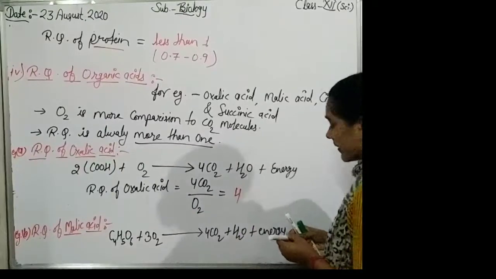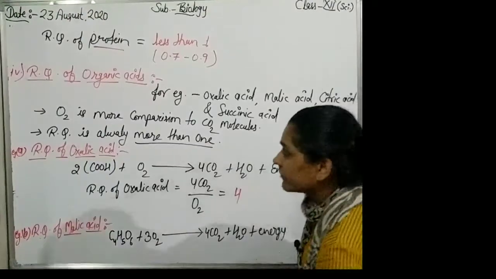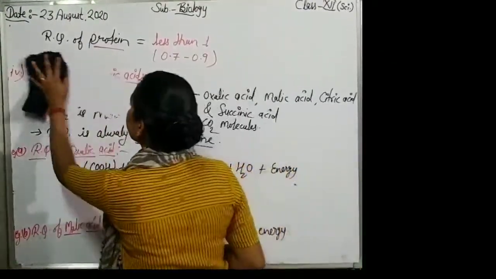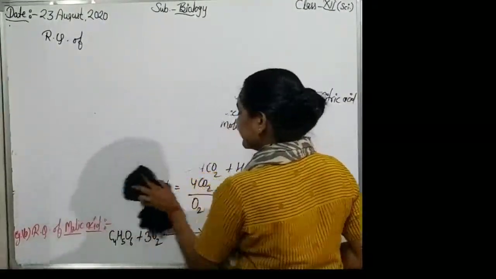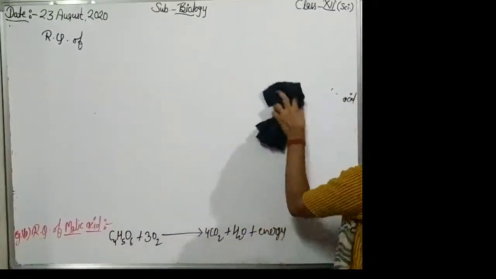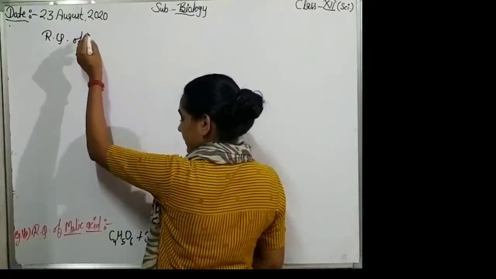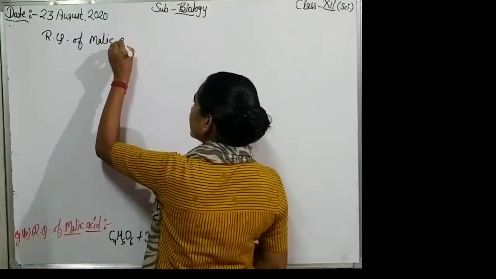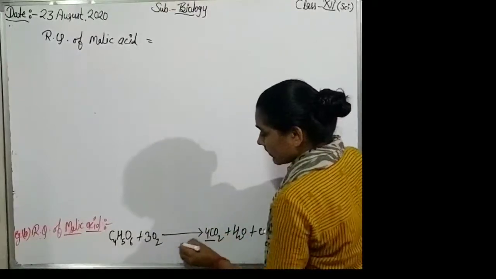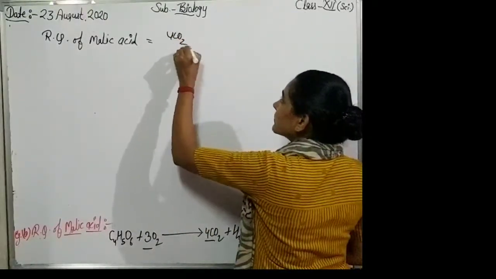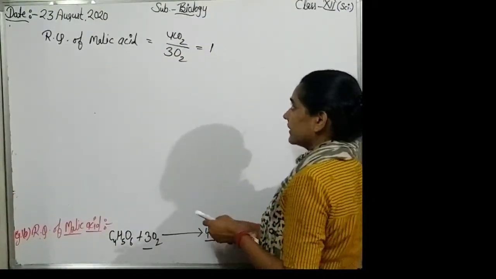So in this, RQ of malic acid, 4 CO2 upon 3 O2, is equal to 1.33.